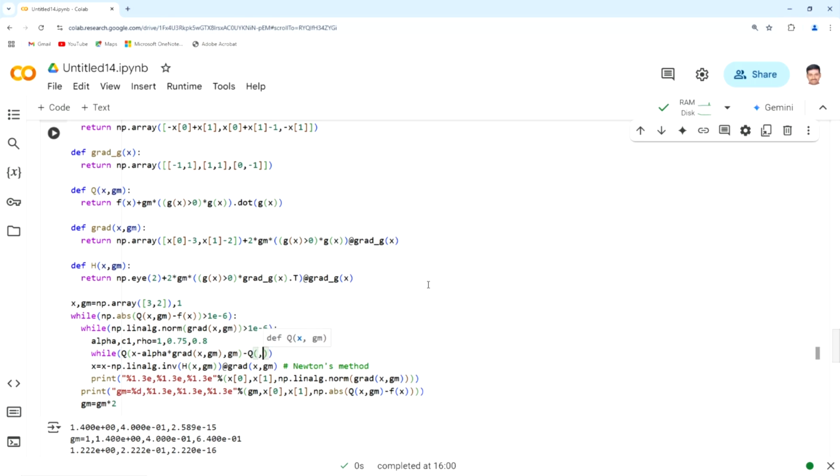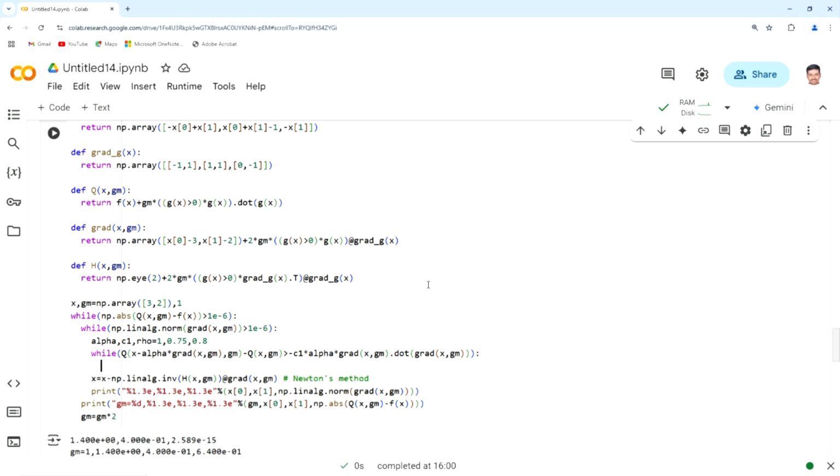Minus q of x comma gm, it should be less than or equal to. So, you do this until this is C1 into alpha into grad of x comma gm dot grad of x comma gm. So, you can put a minus because the direction is negative.